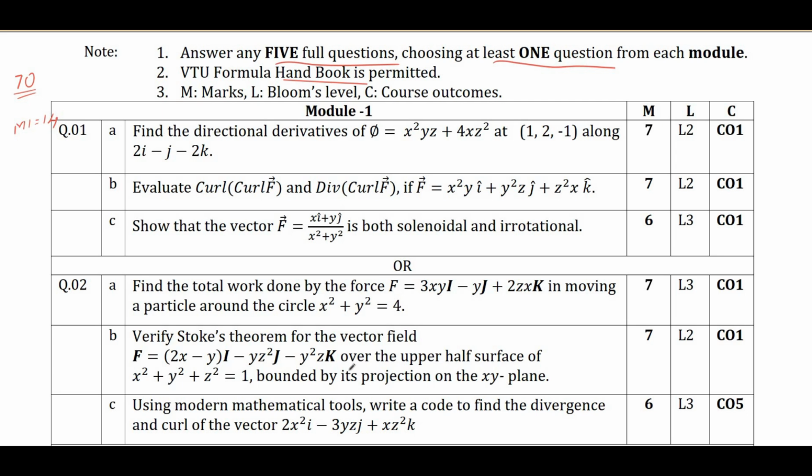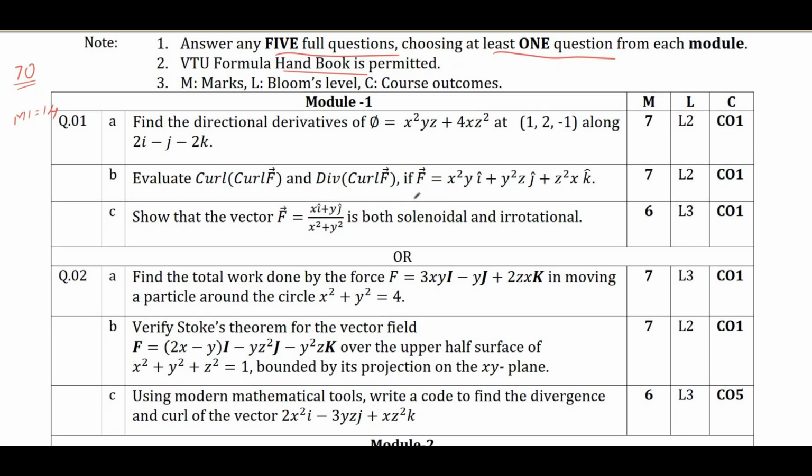I need to suggest that you prepare compulsory questions from 3 modules: module 1, module 2 and module 5. From these 3 modules, they are going to provide 3 questions from the lab session. Whatever lab programs there are, you need to write the code for them. You need to remember this point.